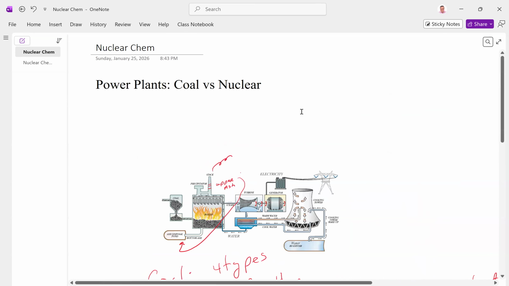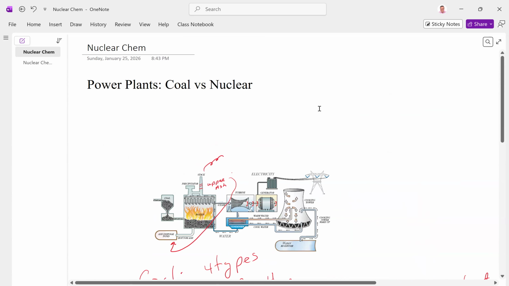power plants. Okay, now the reason I'm covering power plants is energy is always an important topic in everyday life nowadays, particularly politics. And it's important to understand there are like six types of energy production modalities.